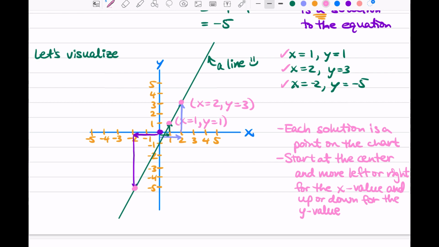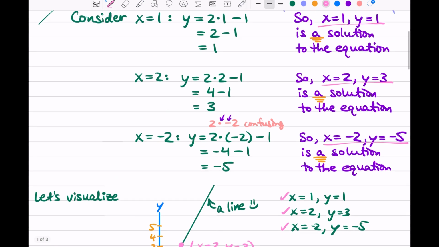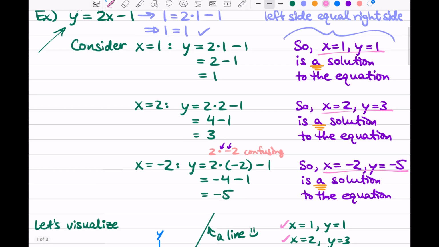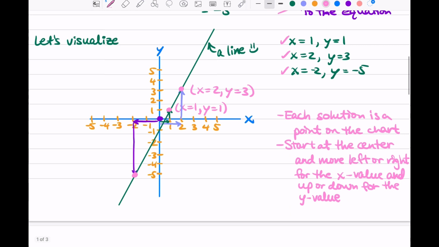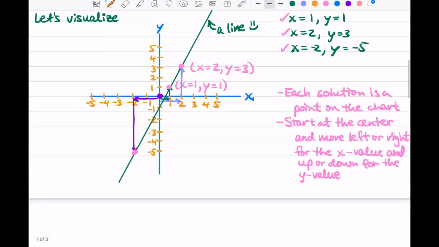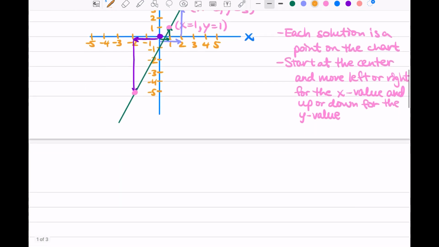And now let's move back to a point that I brought up earlier. We said that each of these points is a solution. And we plotted each of these solutions. So that brings up a question. How many solutions are there?